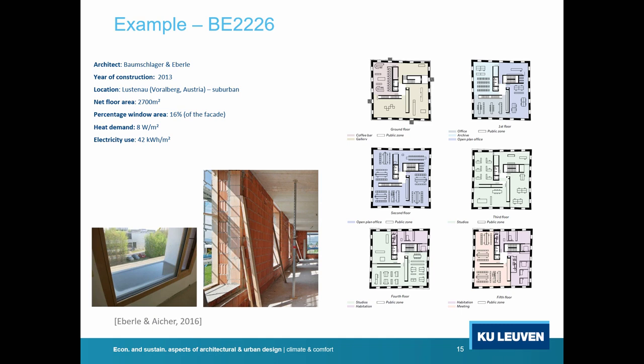So there is a kind of shading, but just a fixed one. And it only works when the sun is very high, of course. In summertime, when the sun is at a high position, it protects the windows against the sun because of this 70 centimeter deep eaves. When the sun is low, it doesn't protect it, because then the sun just enters the building.